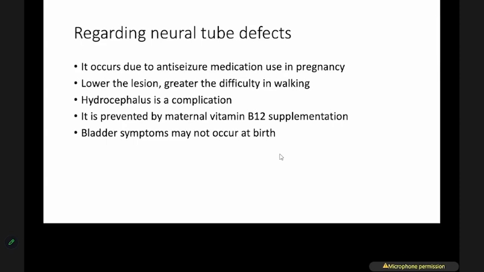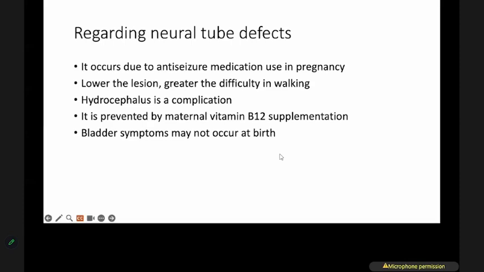Bladder symptoms may not occur at birth. True or false? Anybody need to go? It's 4:38. True, madam. Yes, who said that?